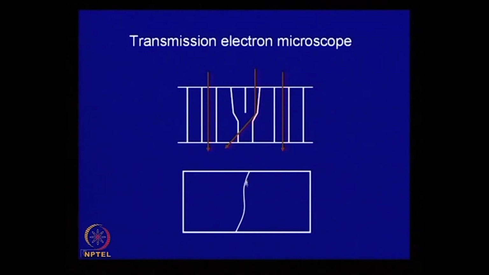So locally there will be an intensity contrast, a diffraction contrast, and this line will appear dark. Here there is no defect, so the beam just passes through without being diffracted. So the dislocation will appear like a line.